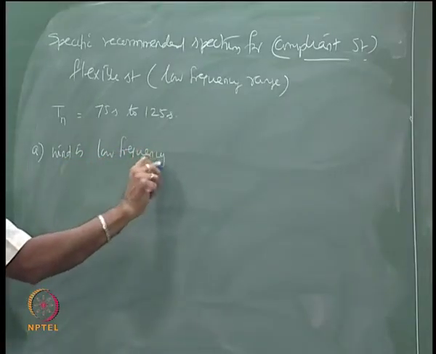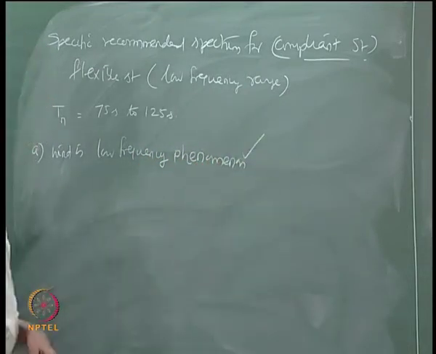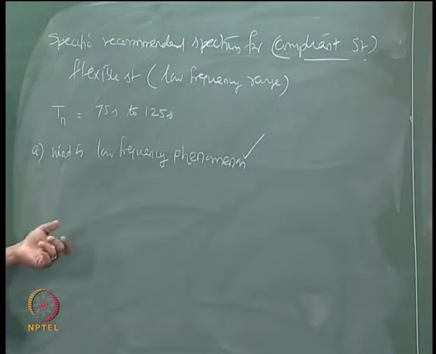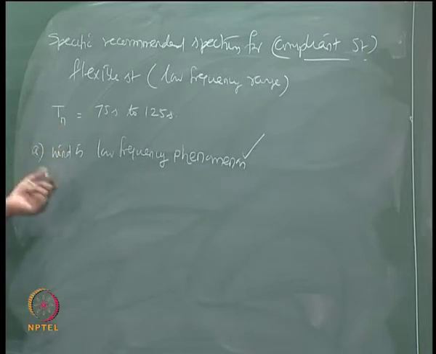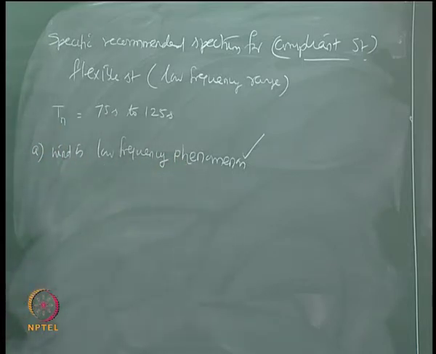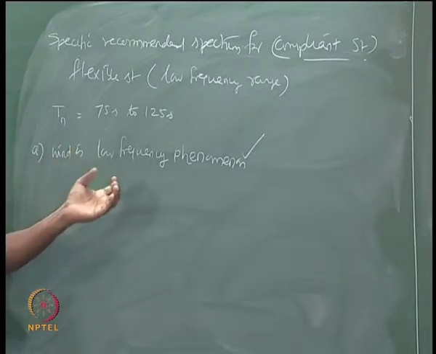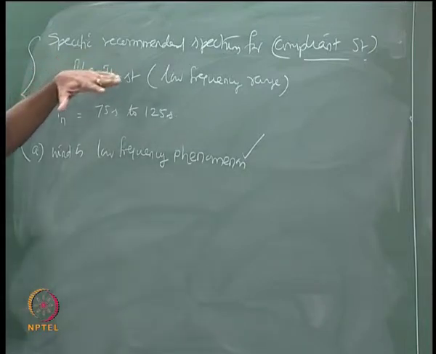We have already seen this in the last lecture. Now, here I have a structure which has a very low fundamental frequency. I also have a load which is a low frequency phenomenon. So, there is a possibility that the structure may resonate under this combination of action of the wind loads on these kind of structures. So, looking into this consideration, people have specifically recommended 3 spectrums for wind loads on compliant structures.